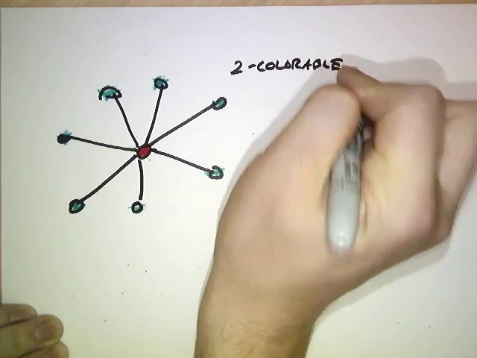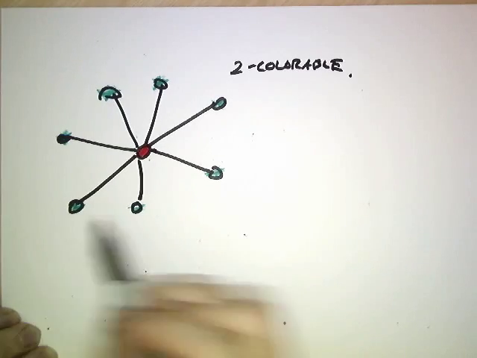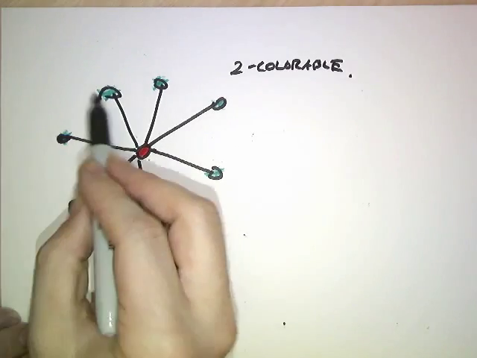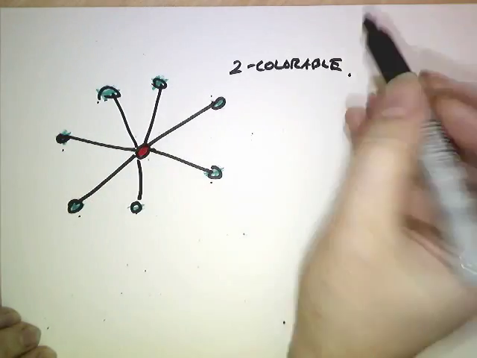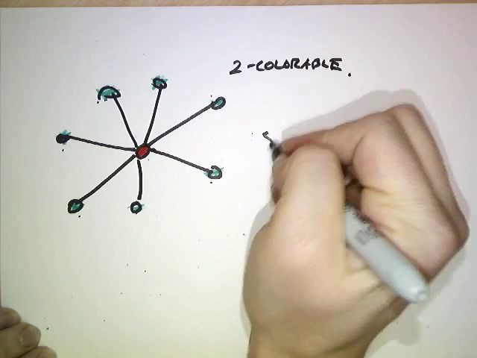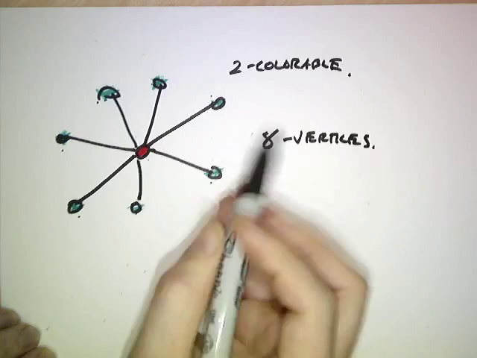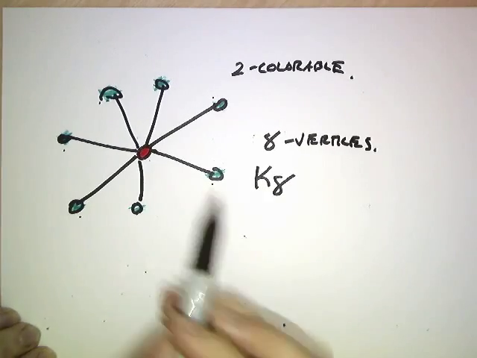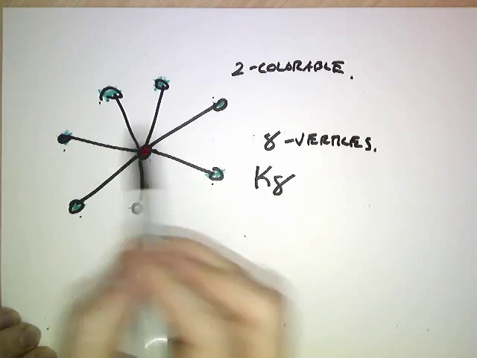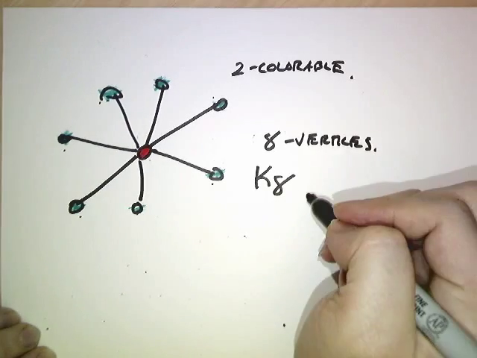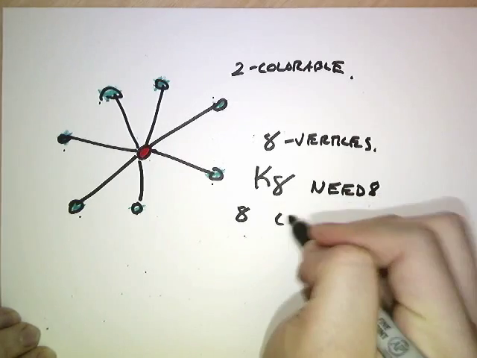On the other hand, if you had a graph with 1, 2, 3, 4, 5, 6, 7, 8 vertices, so 8 vertices. If you looked at K8, which I'm not going to draw, there are too many edges, but if each pair of these vertices were connected by an edge, we just proved that K8 needs 8 colors.